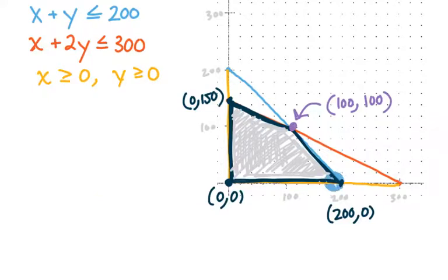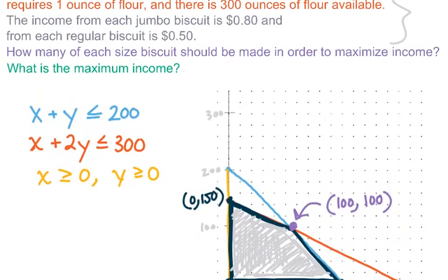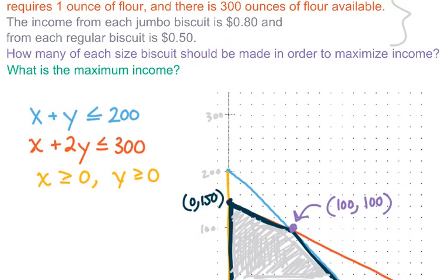At this point, we have found our solution set region, and we know what our 4 possible solution vertices might be. So let's go back and think about what we're being asked to maximize. We want to find how many of each biscuit needs to be made in order to maximize our income, and what is the maximum income?